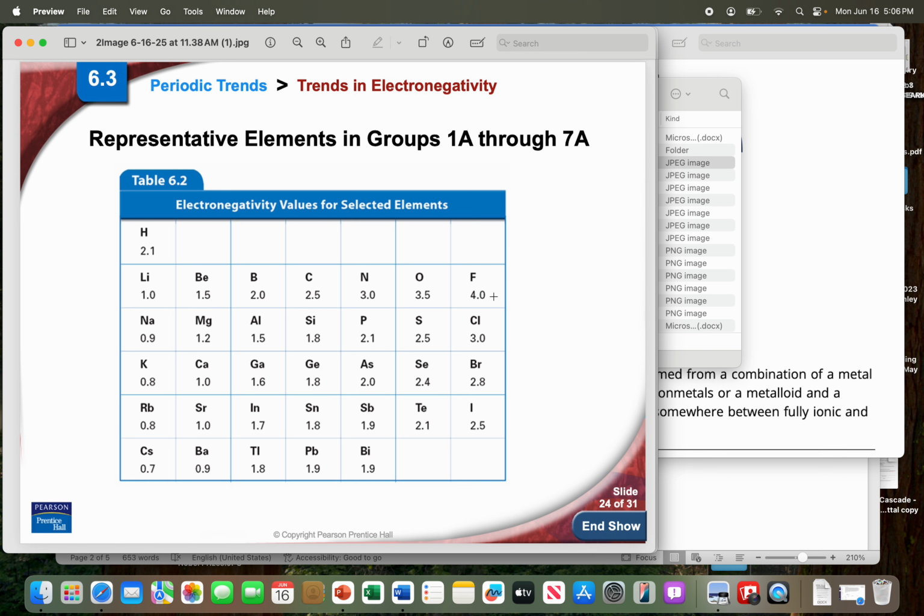You can see it has a value of 4 for its electronegativity, and all other elements, the closer they are to fluorine, the higher their electronegativity. And as you get away, whether you go up and down or left and right, the further you get away from fluorine, the less electronegative you are.